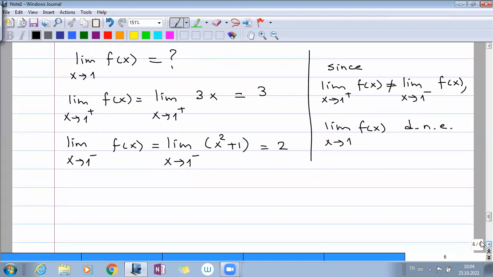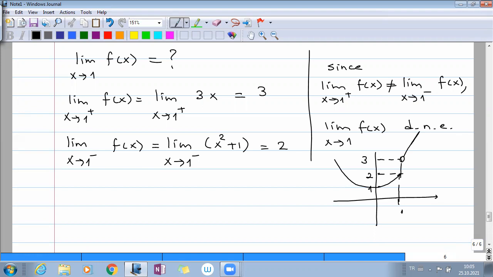So the picture of the function: it is x squared plus 1 for x less than or equal to 1, and 3x for x greater than 1.